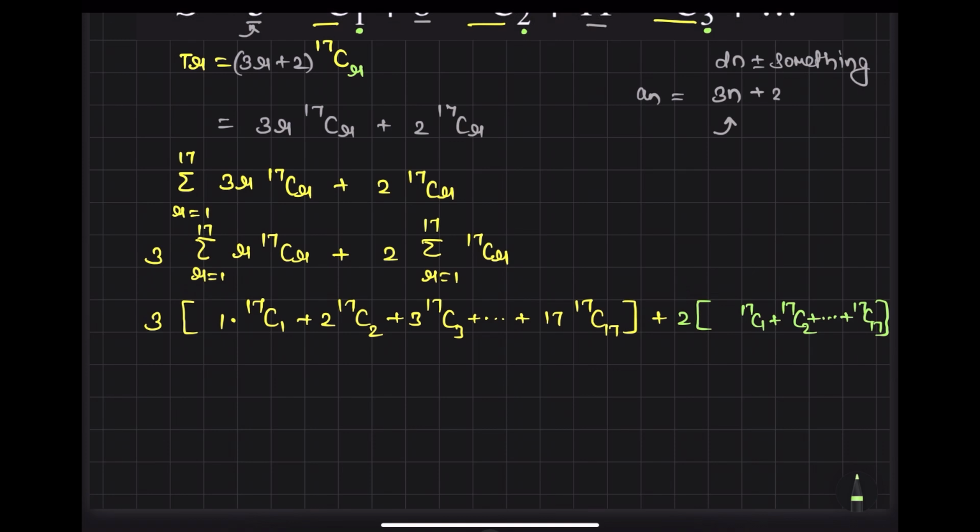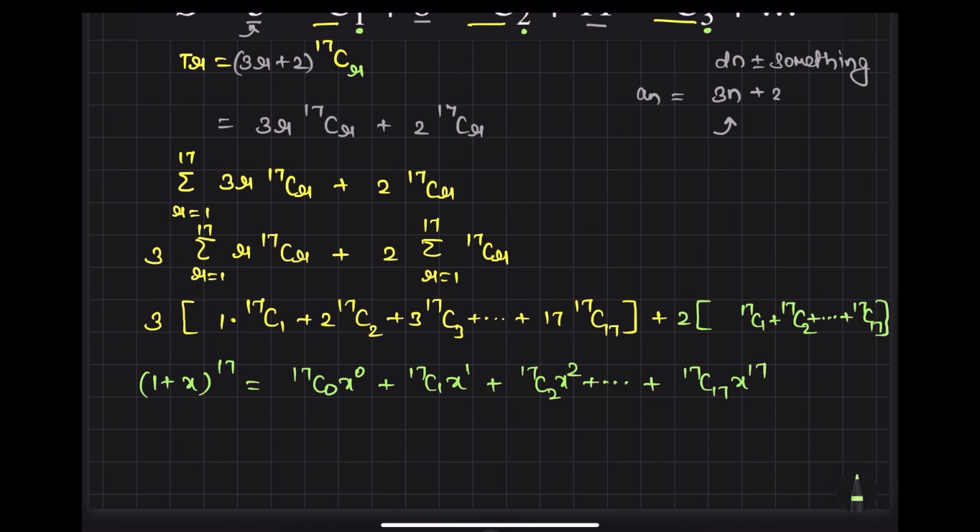Now you know that here numbers are in the coefficient, so we can take help of differentiation. So what we will do, we will take help of (1 + x)^17. Now if we open this thing, we will have 17C0 x^0 plus 17C1 x^1, 17C2 x^2, dot dot dot, and then 17C17 x^17.